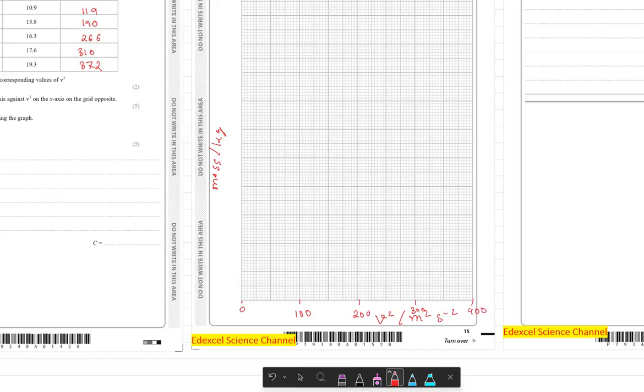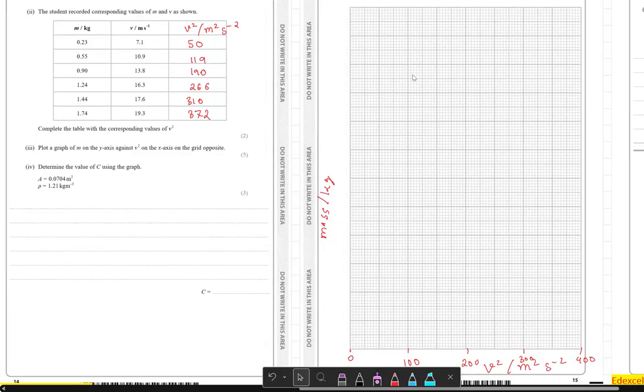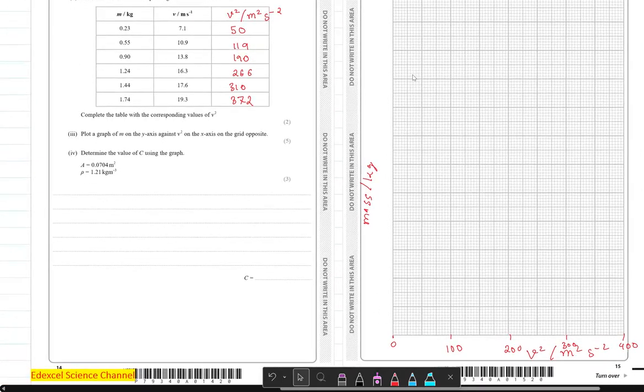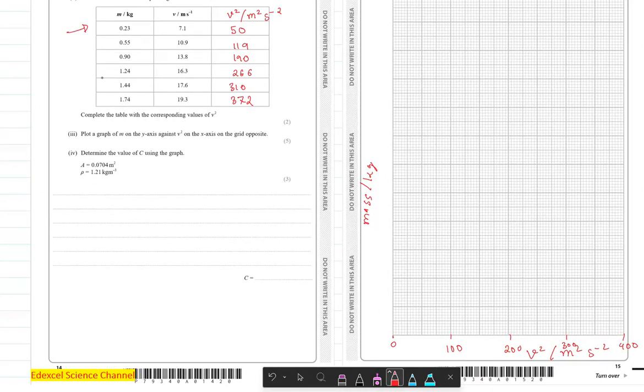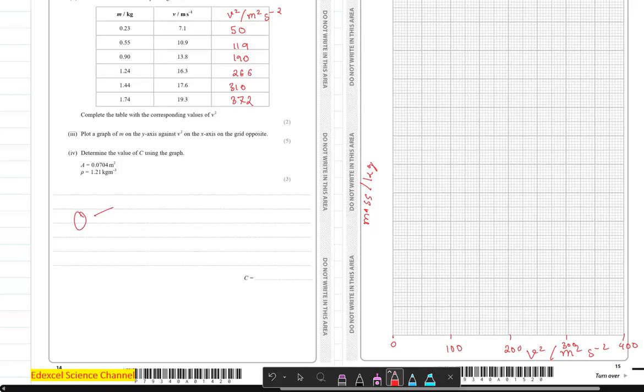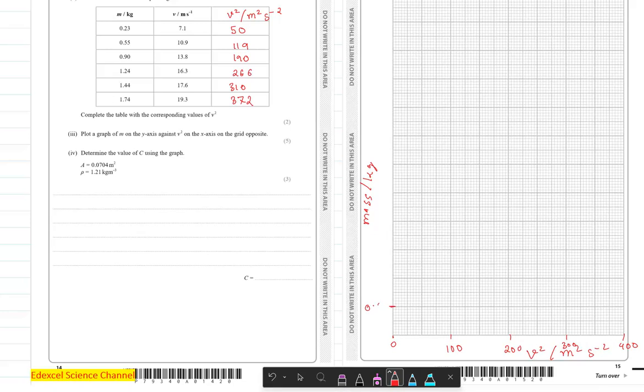Okay, perfect. Now, on my y-axis, my minimum value is 0.23 and my maximum value is 1.74. So I need a range of 0 to 2, basically. So what I want to do is, I will take 2 squares as 0.2. Basically, each square is 0.1.